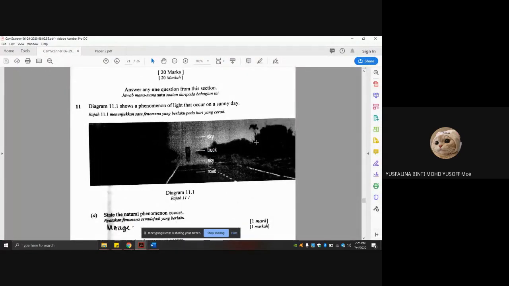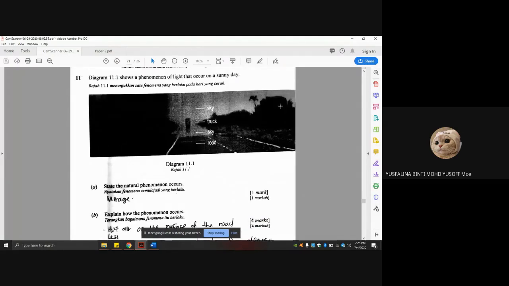Okay, so this is the light question. Diagram 11.1 shows a phenomenon of light that occurs on a sunny day. So this is actually a mirage. What is a mirage actually? Let's say you travel with your car in the daytime.